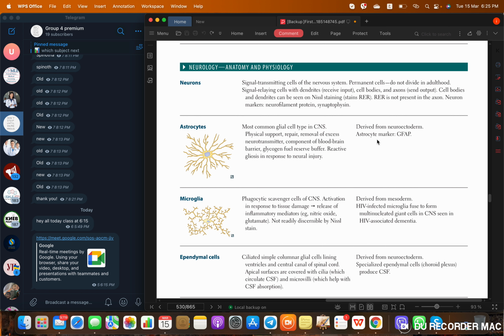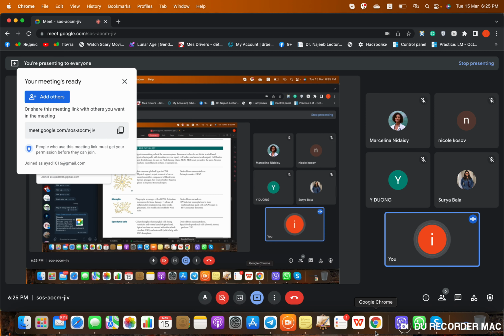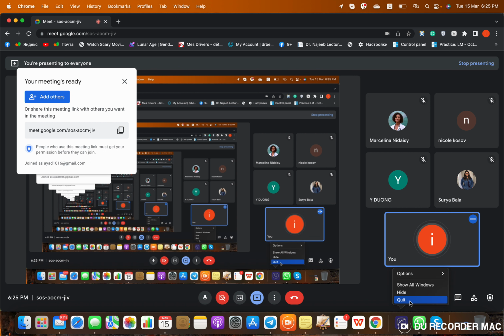The cell body and dendrites can be seen on Nissl staining, which stains the rough endoplasmic reticulum. So when you hear the words Nissl body, that's basically telling you this is the rough endoplasmic reticulum in the neurons. What makes the rough endoplasmic reticulum rough?